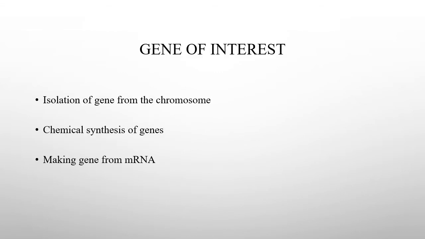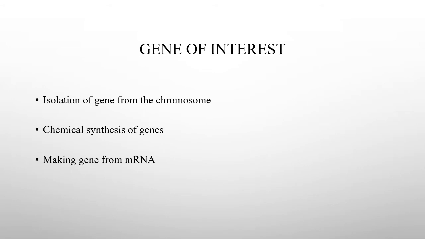So firstly, in the first step we isolate the gene of interest. Isolation of a gene from a chromosome is one of the basic steps, one of the prime jobs in genetic engineering, because firstly we have to identify which gene is responsible for making a certain kind of protein that we want to make.